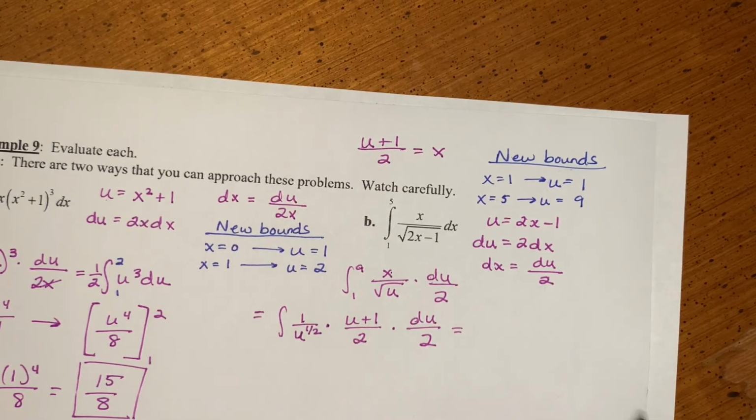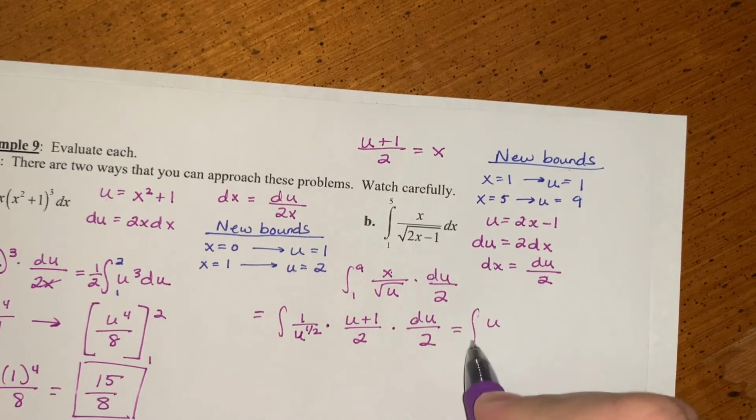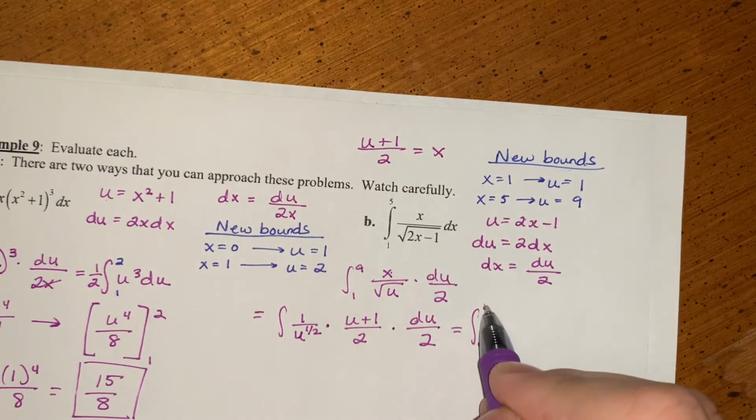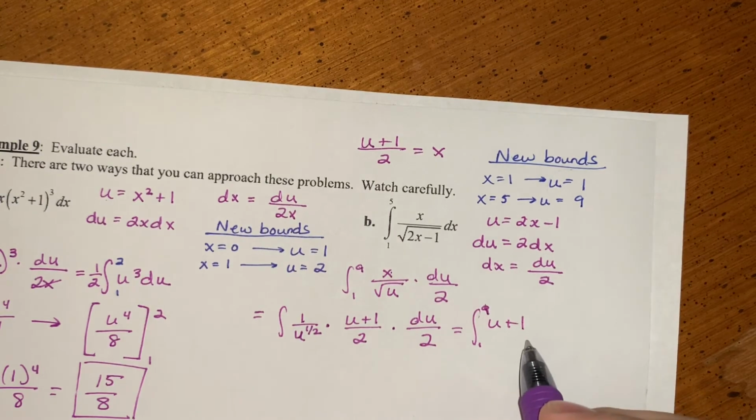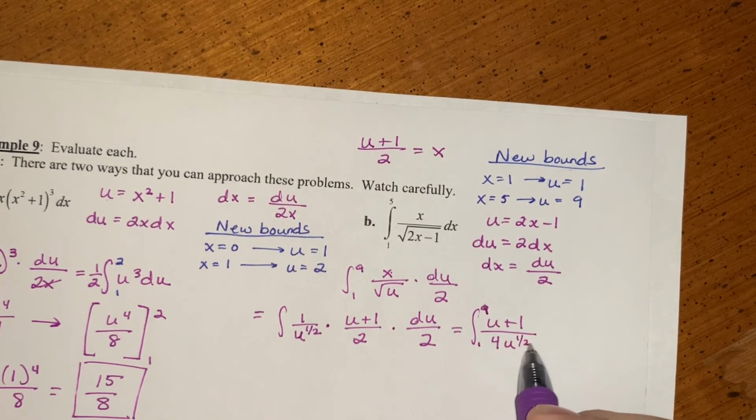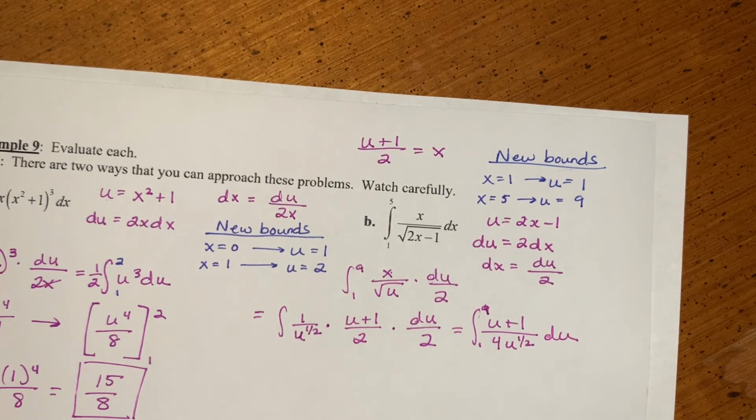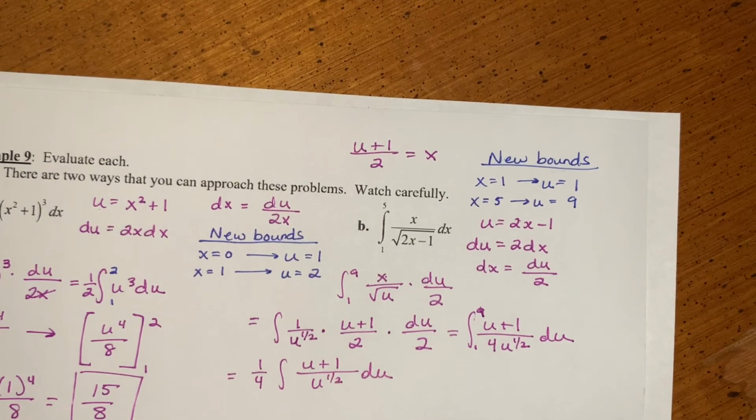So let's combine everything. I have the integral from 1 to 9 of u plus 1 over 4u to the 1/2 du. I'm going to take the 1/4 out, just trying to clean this up to make it easier to do the integral of u plus 1 over u to the 1/2 du.